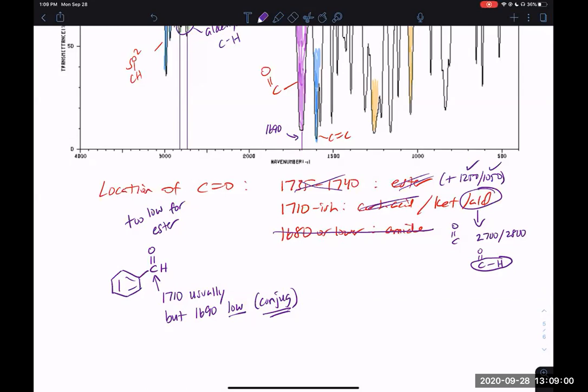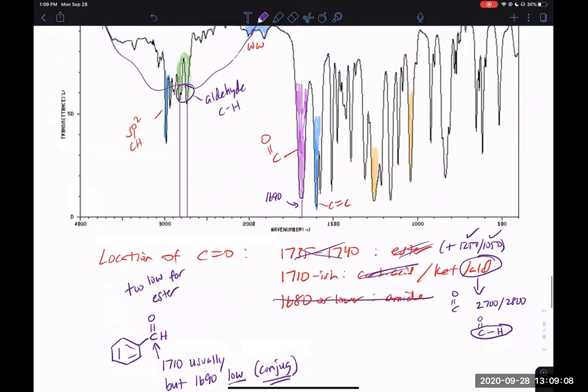Now, my next step is I would want to know how this benzene is substituted. So I come down to the region between 700, so this region right here, to about 850, which is right here. That region, right in this area, is going to tell you the substitution pattern.